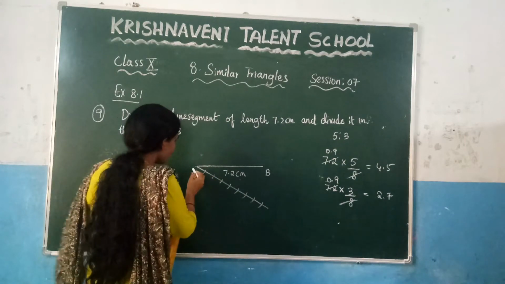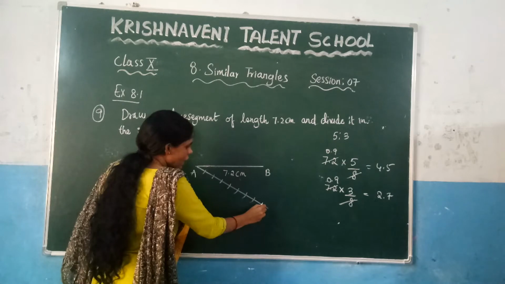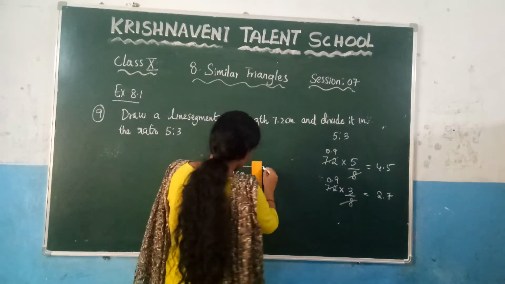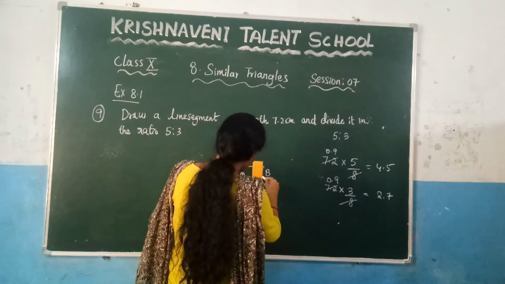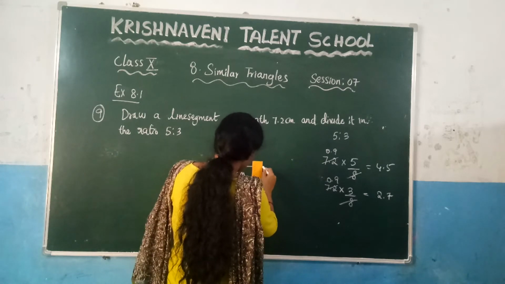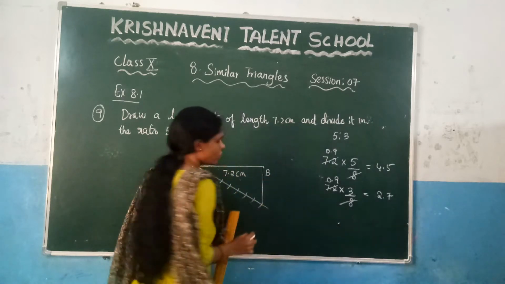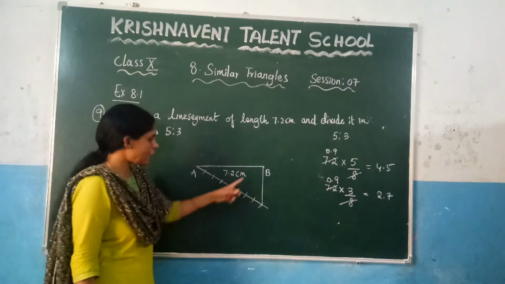Now you need to make here 8 arcs. And after that join the last arc and this vertex B. Now here after joining, we will draw one line parallel to this line.